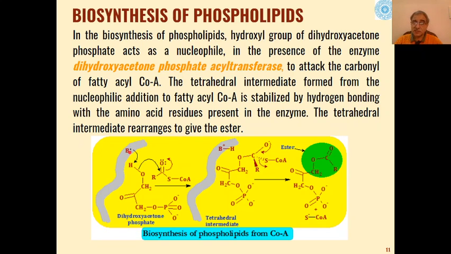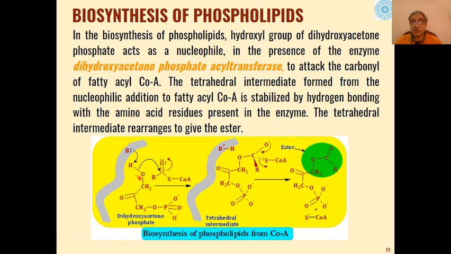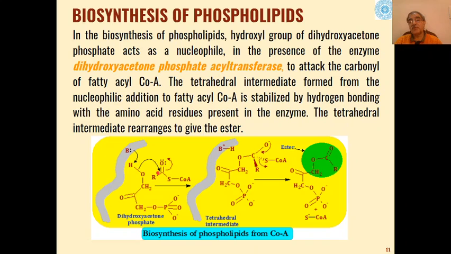So the active site present on this enzyme as a base will abstract this proton on the hydroxyl group, and this oxygen will then act as a nucleophile and will attack the acetyl or acyl coenzyme A carbon, and we will get this type of tetrahedral intermediate formed between coenzyme A and the substrate.